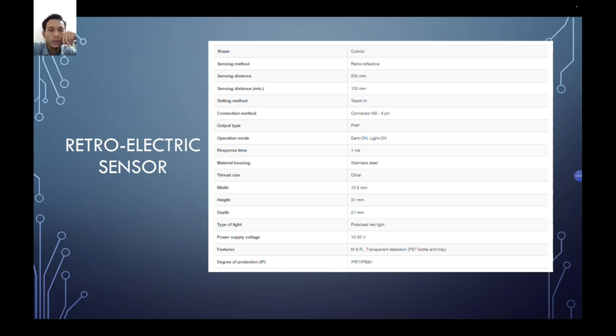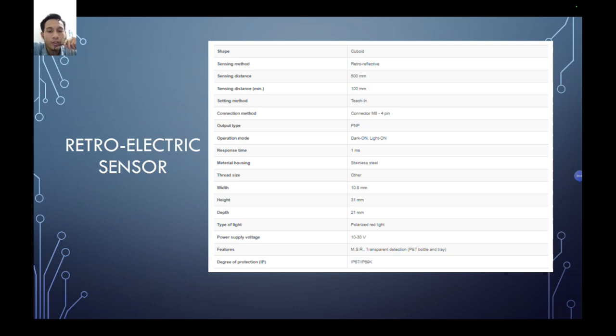The device is 10.8 wide, 31 high and 21 deep. Its type of light is polarized red light. It uses a power supply voltage of 10 to 30 volt, and its feature is transparent detection.